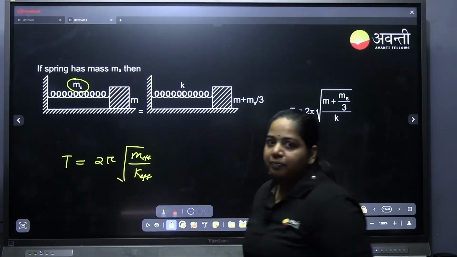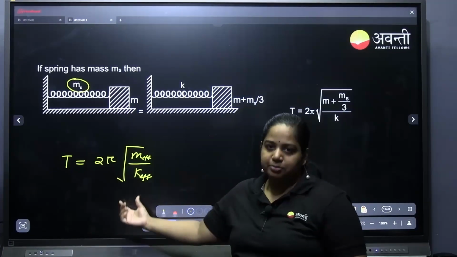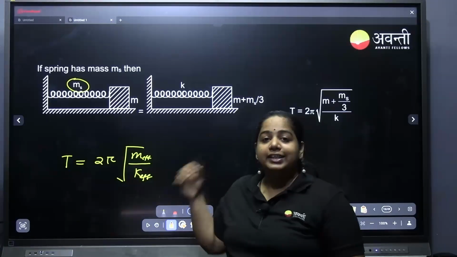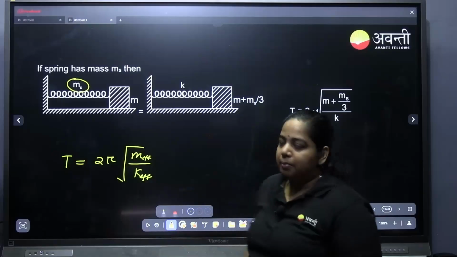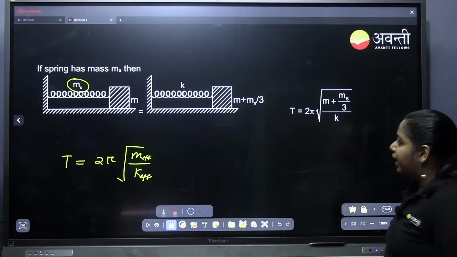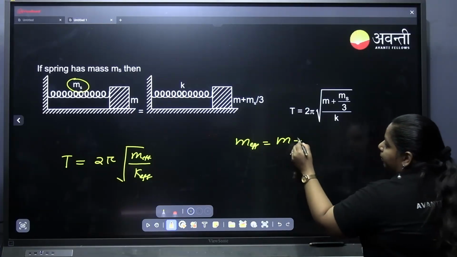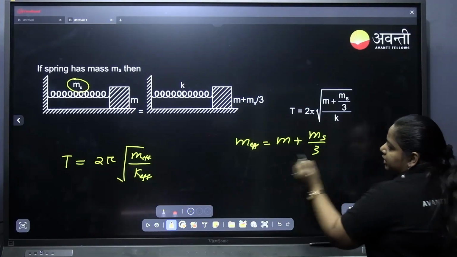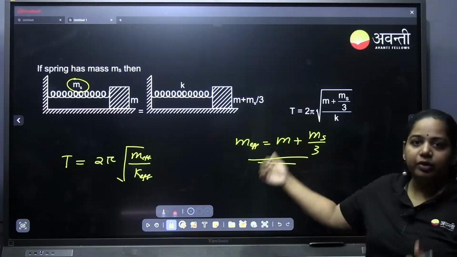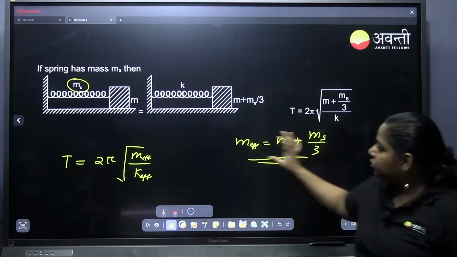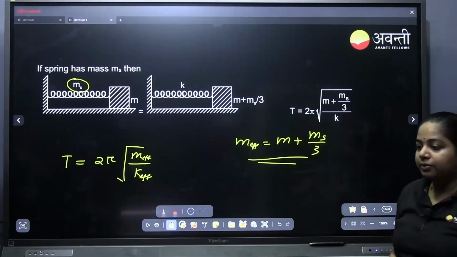So if a combination of springs is there, you can find k effective and substitute here. If additional mass is coming, you can substitute the total mass here. But if the spring is having mass, m effective is equal to m plus ms by 3. Derivation is not required, you only need the formula for m effective. Substitute this in place of m effective and you will get the time period.